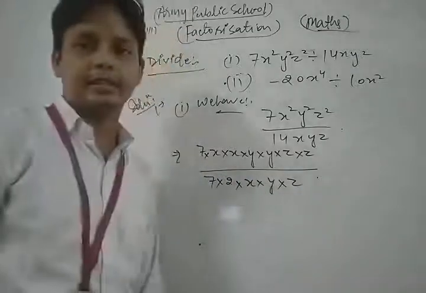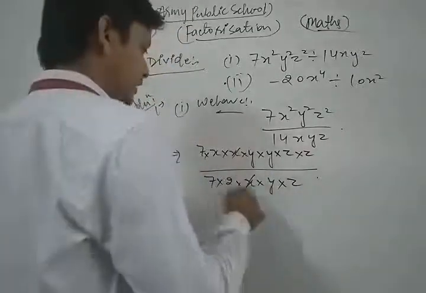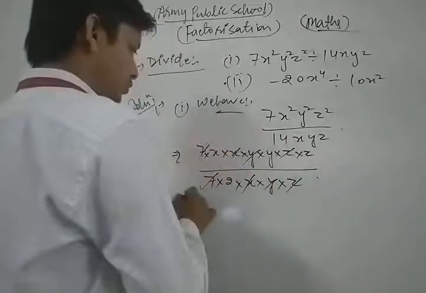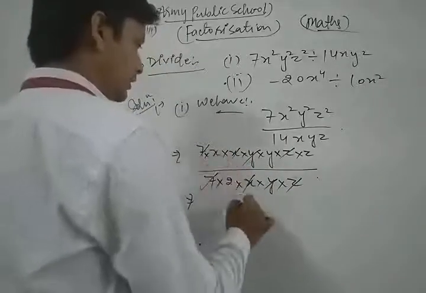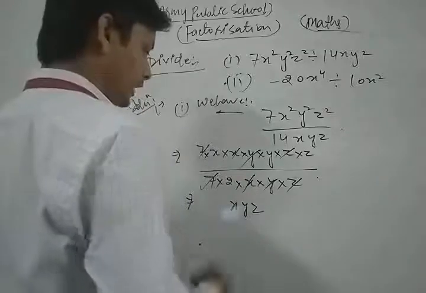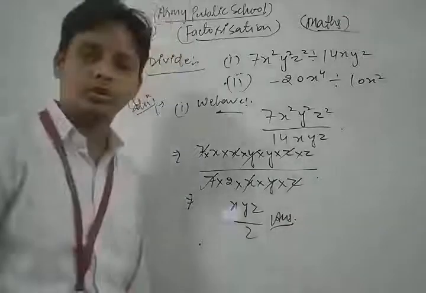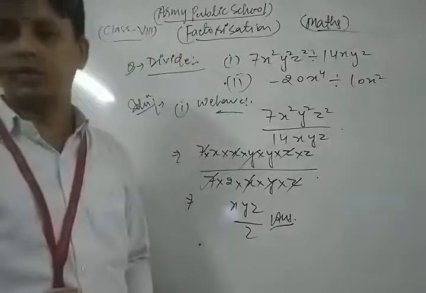Now x cancels, y cancels, z cancels, 7 cancels, so we get xyz in the numerator divided by 2. This is the required solution of the given question.